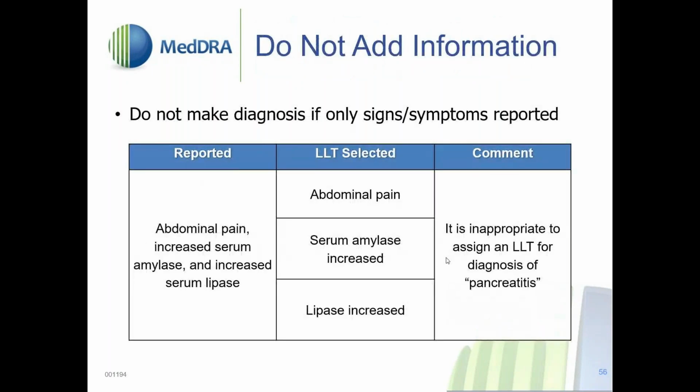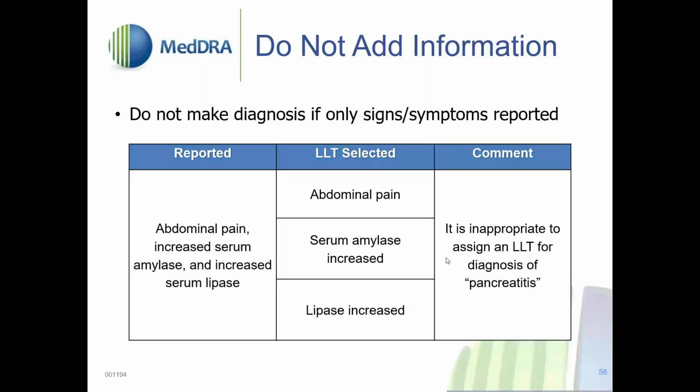As mentioned in the previous slide, we should cover as much of the medically relevant information of the reported verbatim as possible. We saw that in the previous example describing a facial abscess. But on the other hand, we should not add any information.